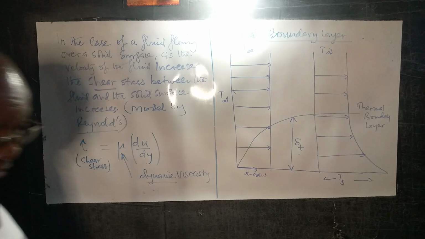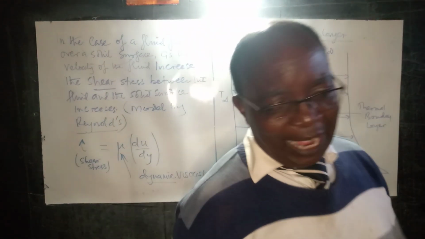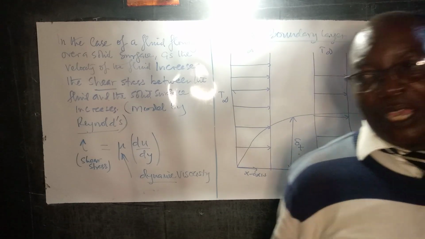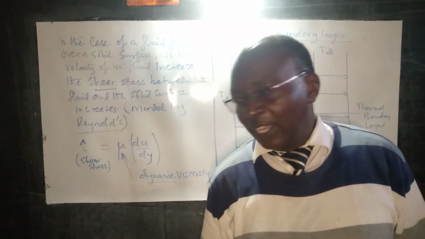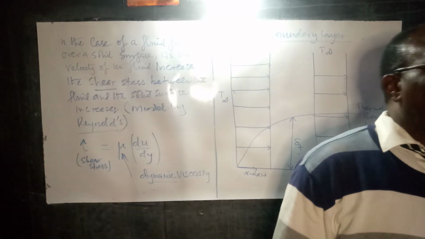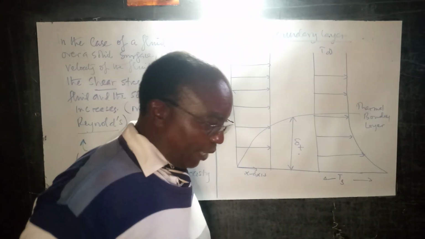You need to be familiar with these terms. For example, when we talked about mu JT, that is the Joule-Thomson coefficient, which is another important element in refrigeration and so forth. So you need to know that these terms are used.